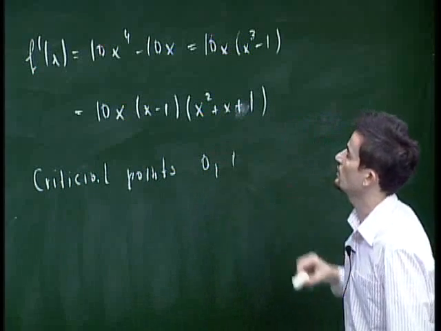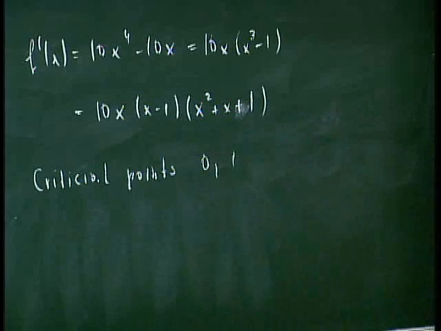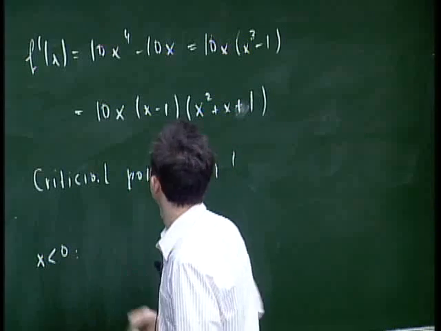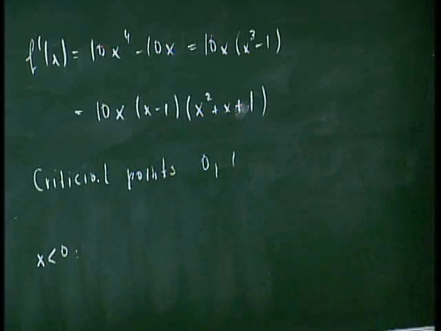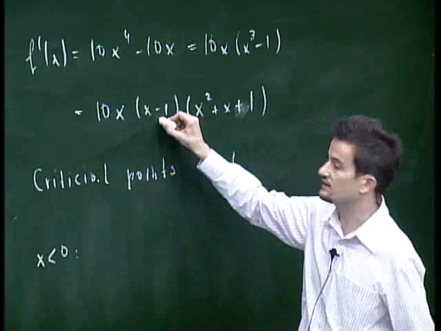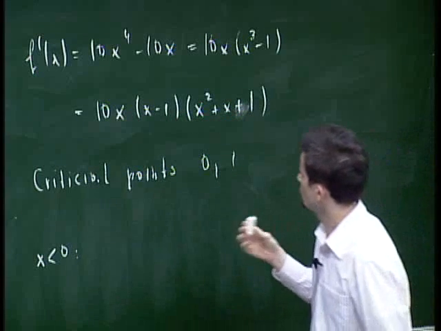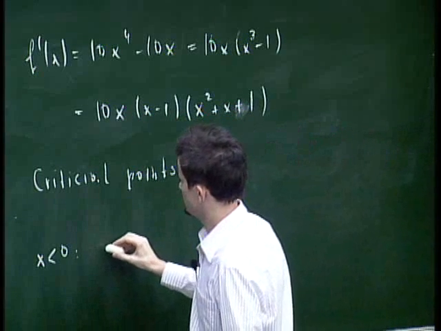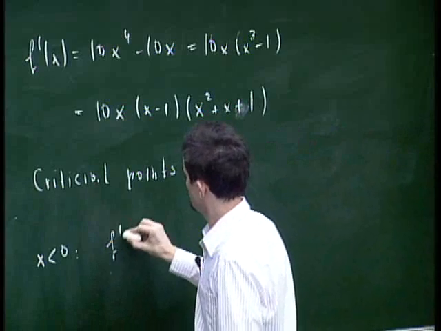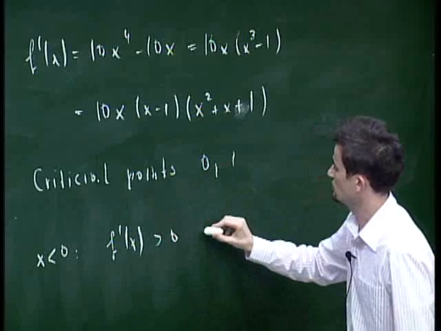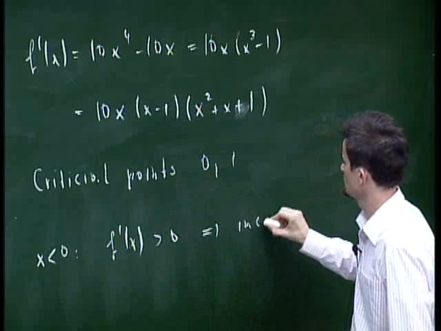We see that if x is smaller than 0, in this case this one is negative, this one is negative, but this one here is always positive for all x. So the derivative is larger than 0. This means increasing.